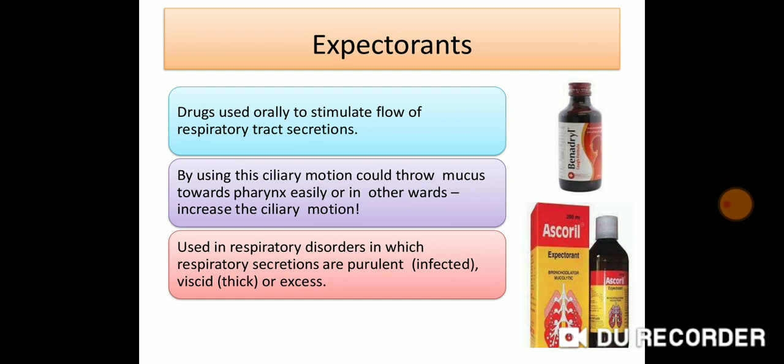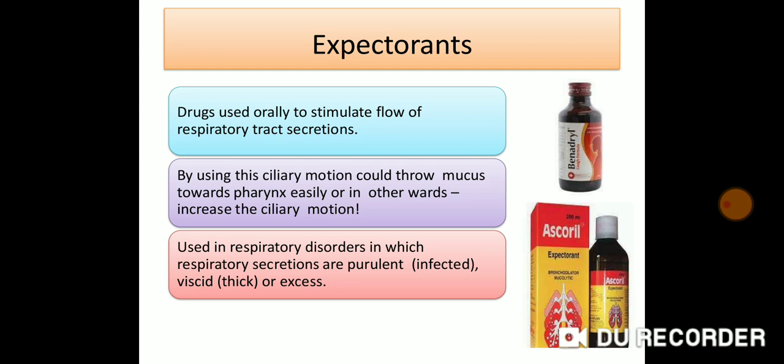So, expectorants are the preparations which are responsible for increasing ciliary motion. Expectorants are used in respiratory disorders in which respiratory secretions are infected, viscid, that is thick, or excess.